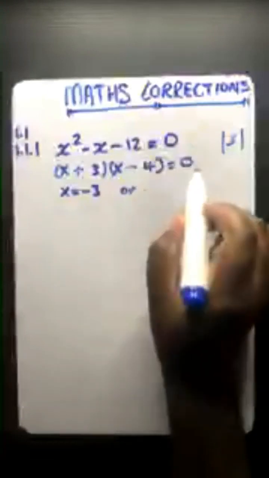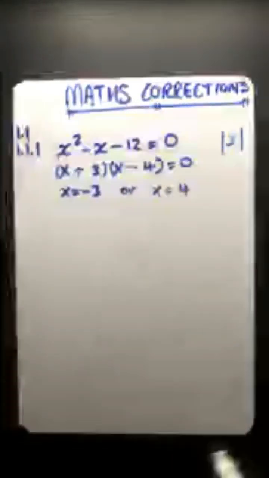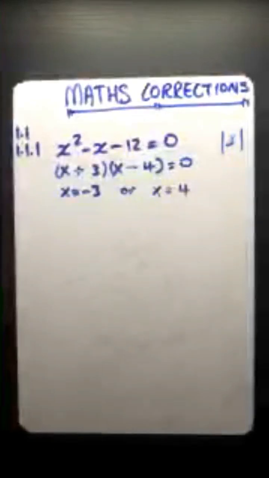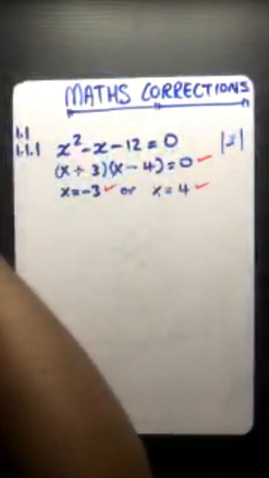You take 4 to the other side, it changes sign, and x equals 4. So now your 3 marks might be coming from the factoring. No, actually they will give you 1 mark for correct factorization, and then a mark for each answer. So that's how you would solve that question.